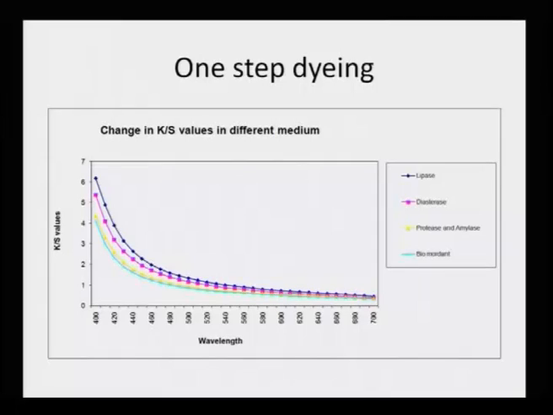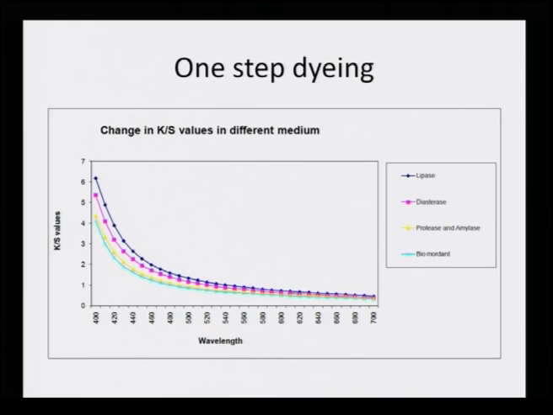So, you see that whether we take a one step methodology for dyeing or a two step methodology for dyeing, we need to understand which is the best option, and in the case of one step, definitely it is lipase which is very well compatible with the natural dye Eclipta.